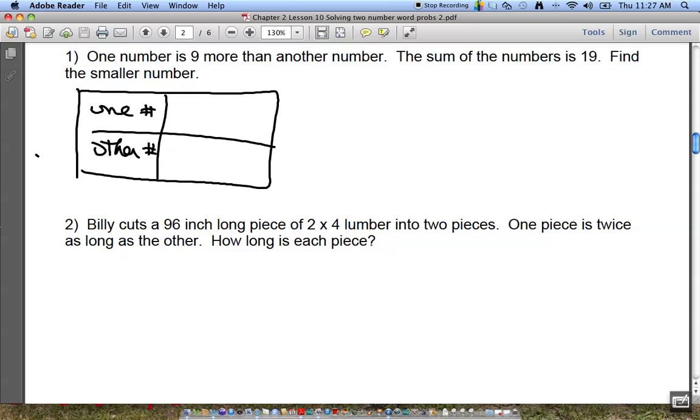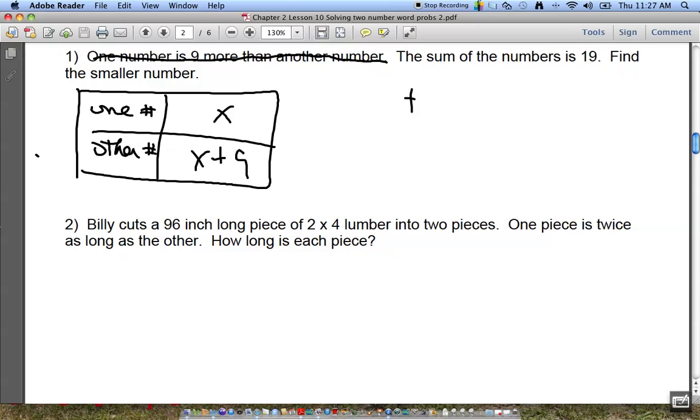All right, I don't know what the first number is, so I'm gonna call it X. What's the second number? Talk to me. X plus 9. That's the other number. I used it. Cross it off. The sum of the numbers is 19. Talk to me. Sum of numbers is 19. What do I get out of that?